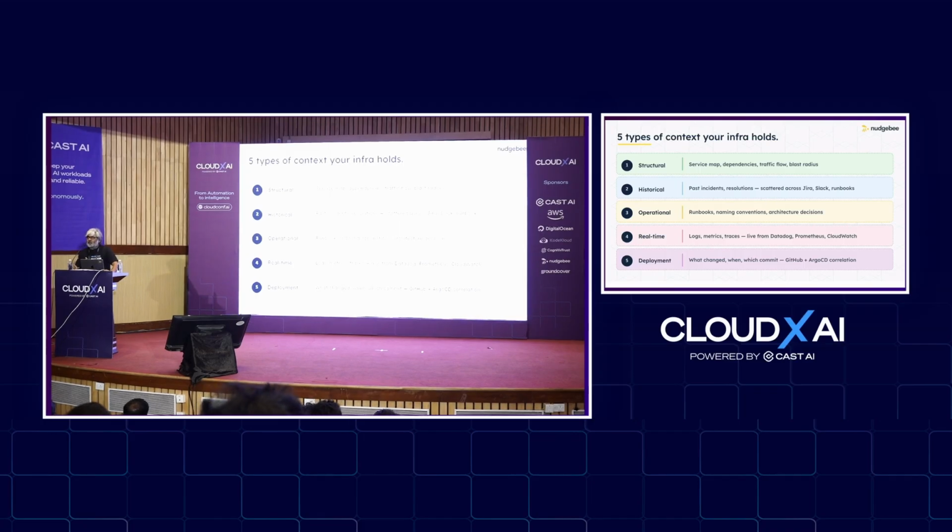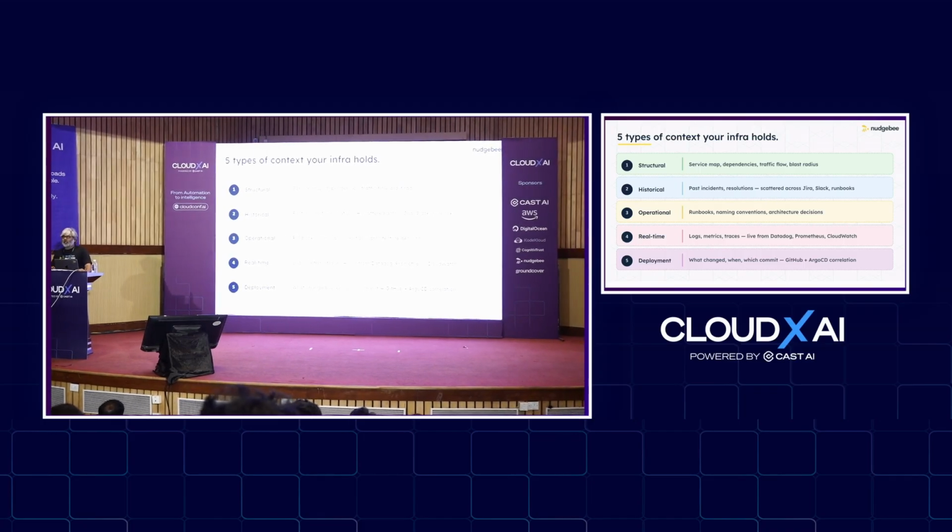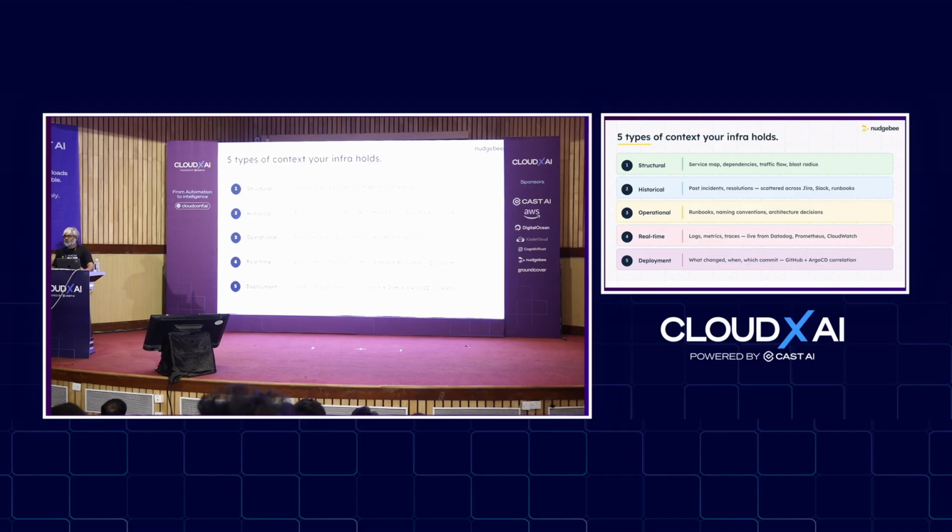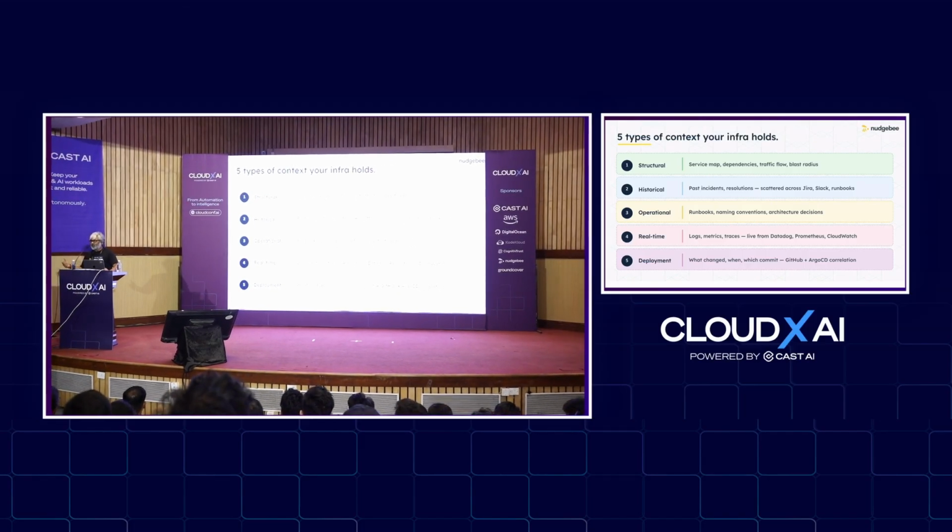So that is the information which you normally have as part of your runbook, which you pass on from one engineer to another, right? Let's say everything is in your head and you leave the organization. Now who is going to manage that infrastructure? They have to learn from zero, right?